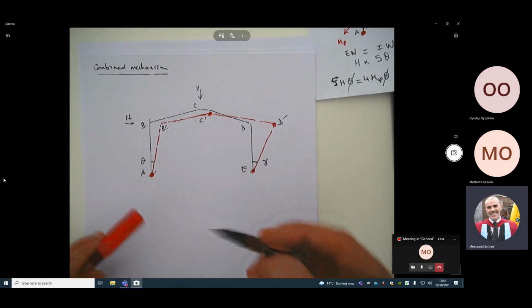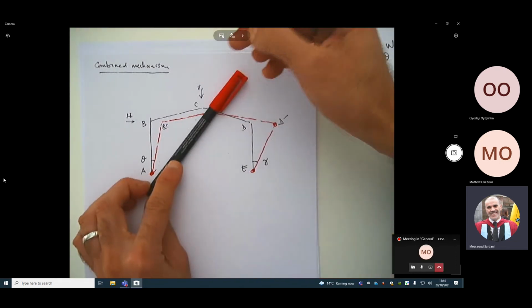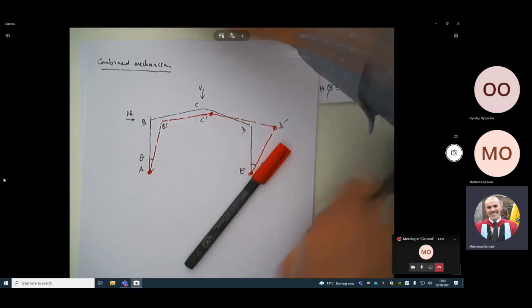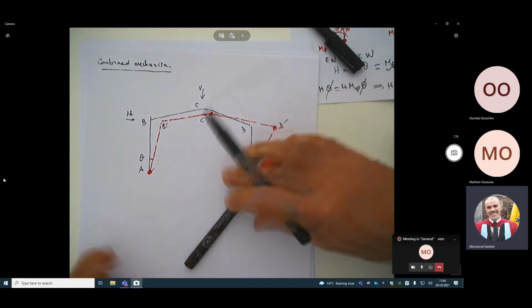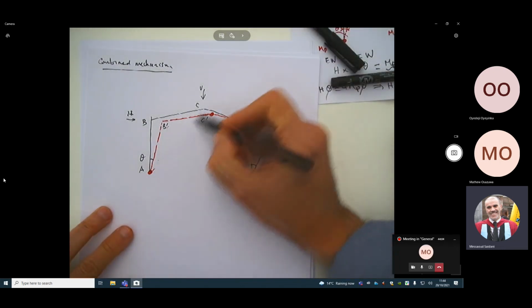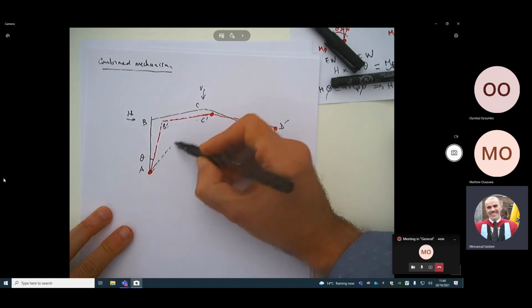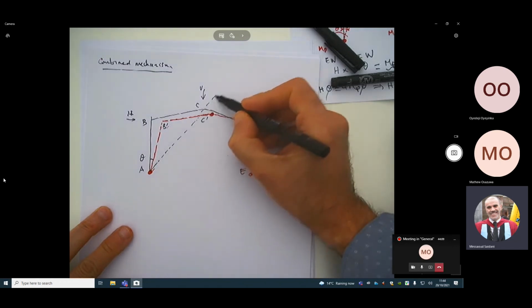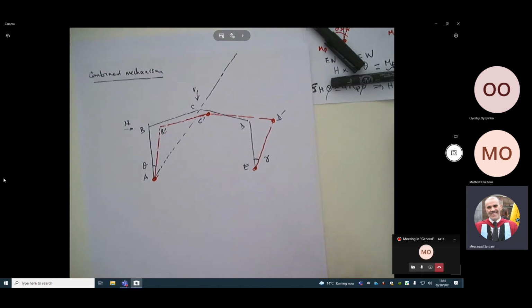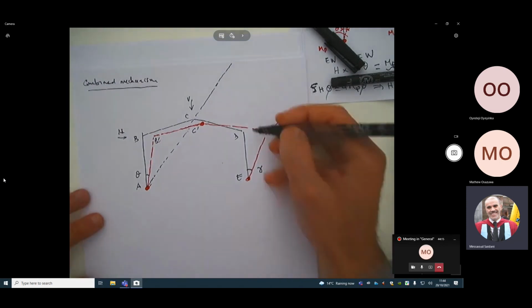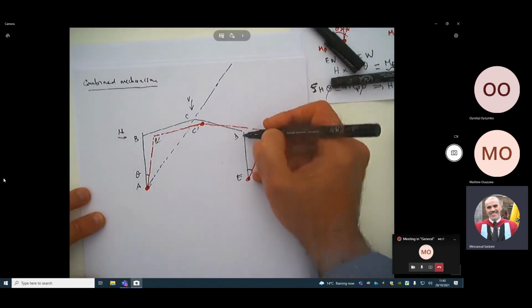Okay. So what we do now, we are going to join A to C like this, and you extend it. You join A to C and extend, and then join and extend DE like here.